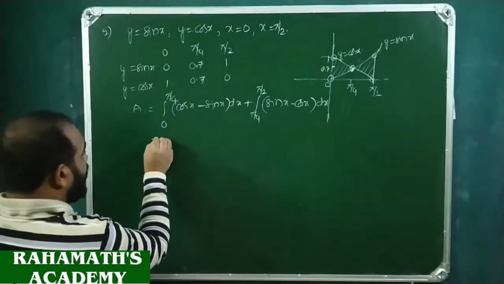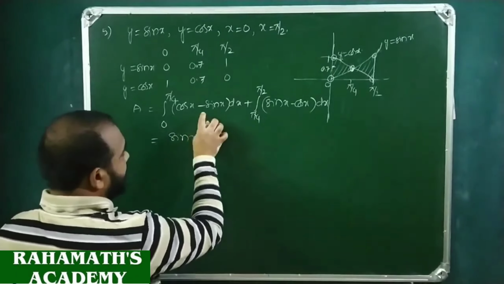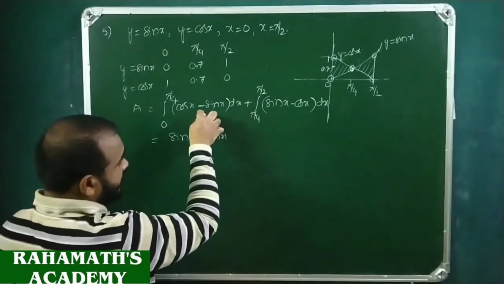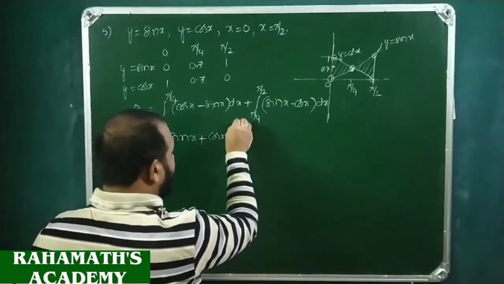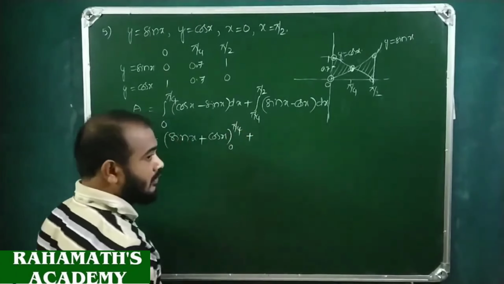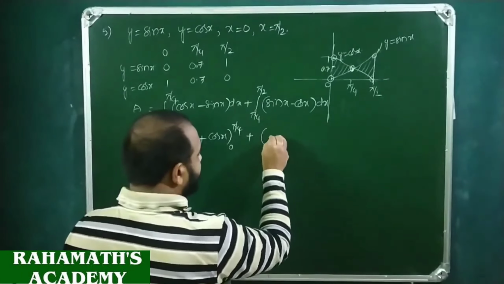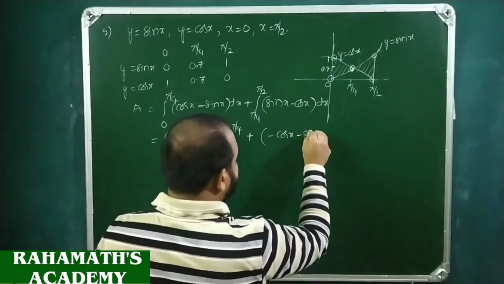Okay, so integral cos x dx is sin x, minus integral sin x dx is minus cos x. Minus of minus is plus. So the process is over, 0 to pi by 4 is to be written here. Integral sin x is minus cos x, minus integral cos x is sin x.